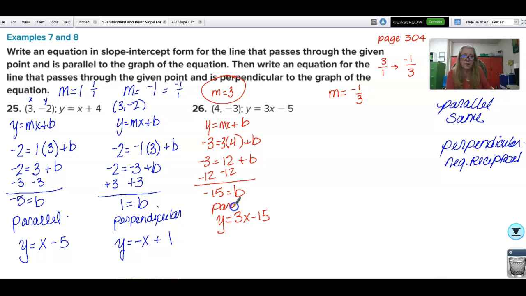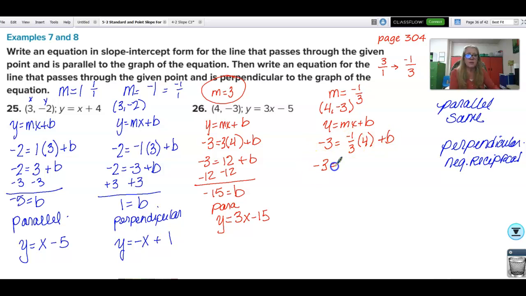I told you I'm going with para and perp. The perpendicular line would have a slope of negative 1/3, but would also pass through the point (4, -3). That's the stipulation of the problem. So using y = mx + b, y is negative 3, m is negative 1/3, x is 4, plus b.